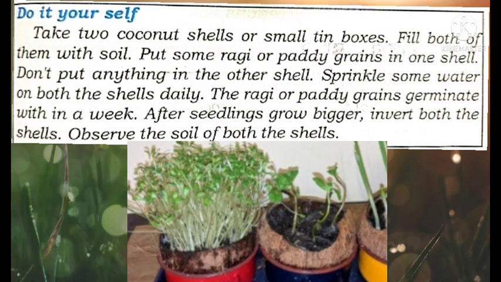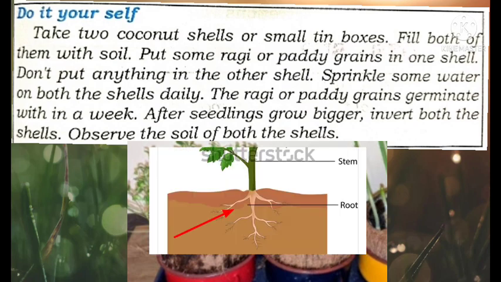After the seedlings grow bigger, invert both the shells. Observe the soil of both the shells. You can observe that the roots have grown bigger. The seed which we put in the shell has become smaller roots.